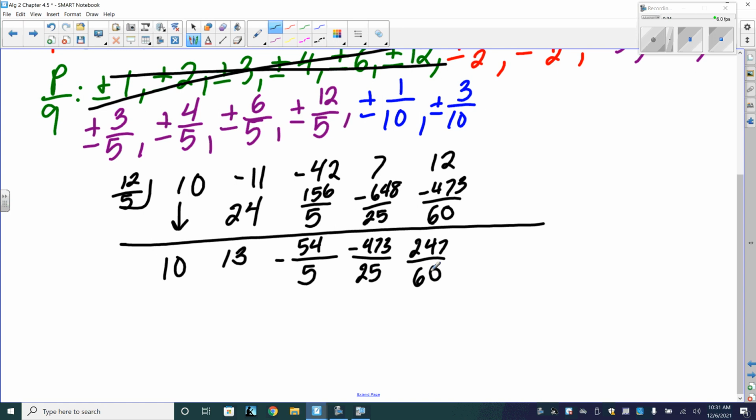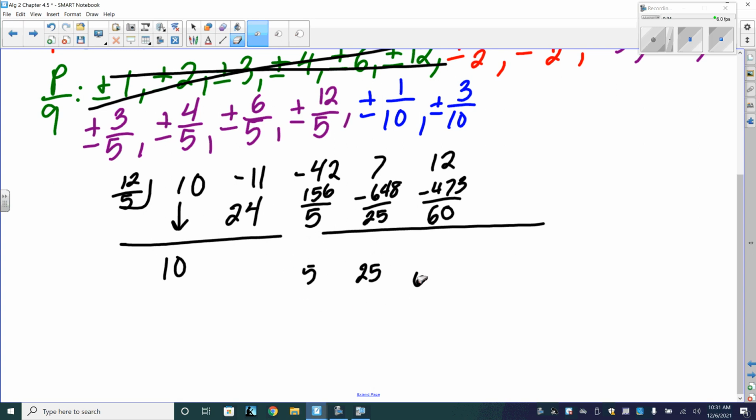Now, what does that tell us most likely? That row's no good, but also that intersection of the graph isn't going to be a rational number.